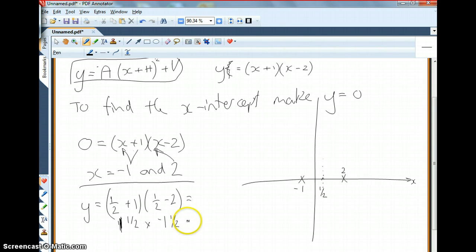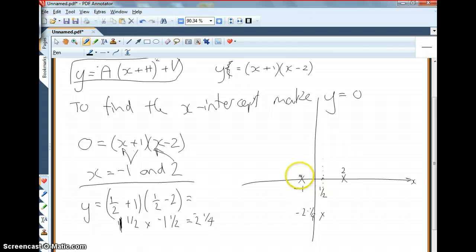What's 1.5 times 1.5? Two and a quarter. Is that right? The answer is negative because it's a positive times a negative. So down here at negative 2 and a quarter is another coordinate.